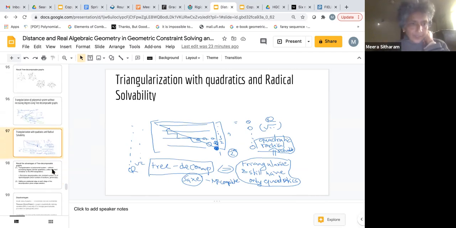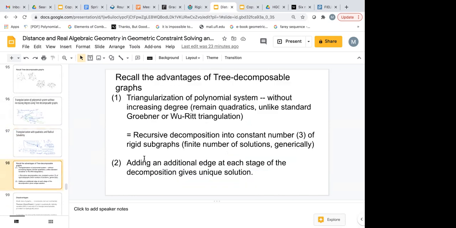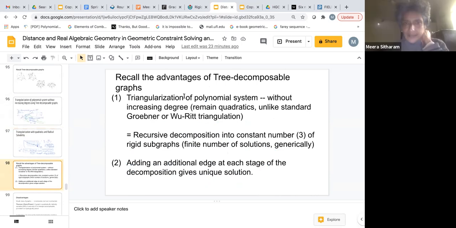And that gives you this kind of solvability by quadratic roots, square roots, as a tower of field extensions. Okay, so going back, the advantages of decomposable graphs: the triangularization of a polynomial system without increasing the degree. And this you can think of as a recursive decomposition of the graph. Now thinking about the graph, we always go back and forth between the polynomial system and the graph, right?